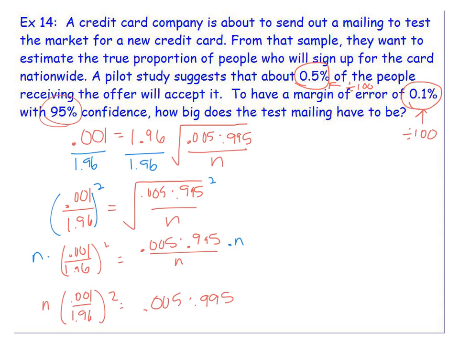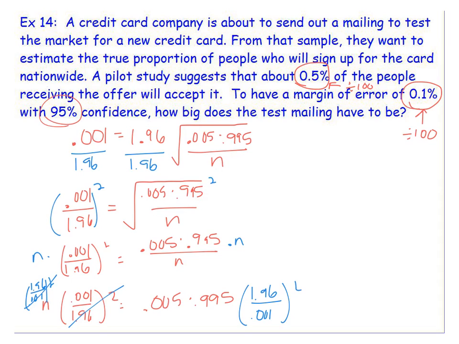And if you remember, the last thing we do is we use the reciprocal. So I'm going to multiply this side by 1.96 divided by 0.001 squared to cancel that. And this side I'm going to multiply by 1.96 divided by 0.001 squared.